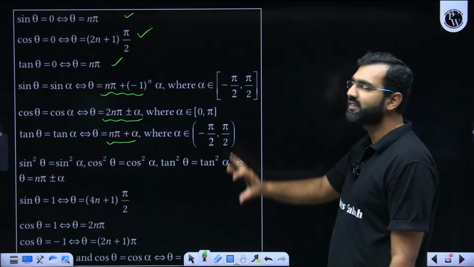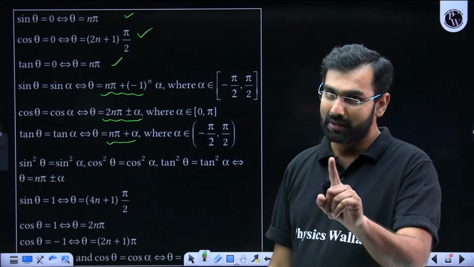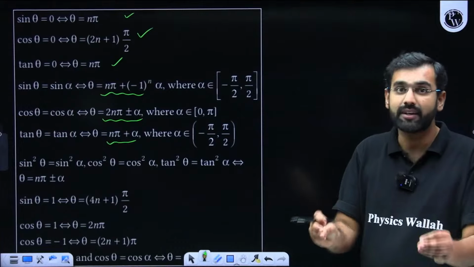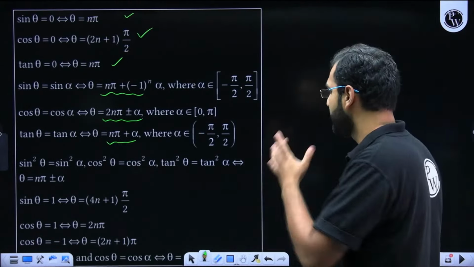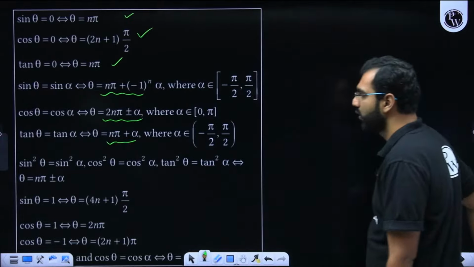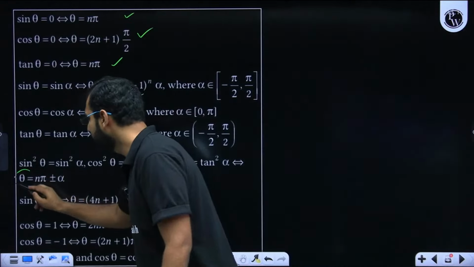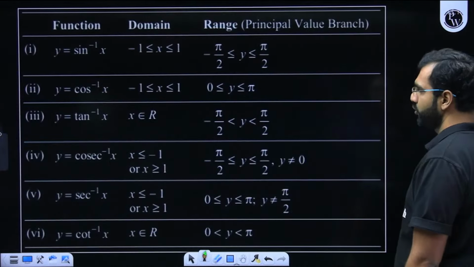Even if you remember these results, they are sufficient because, as they say, trigonometric equations is omitted, but it is not, it is there. I can show you the questions in the January attempt as well. Fresh, absolutely fresh questions asked by JEE Mains. And whenever you see sine square theta equal to sine square alpha, or cos square theta equal to cos square alpha, or tan square theta equal to tan square alpha, then the general solution is simple, n pi plus minus alpha. These results you should remember.